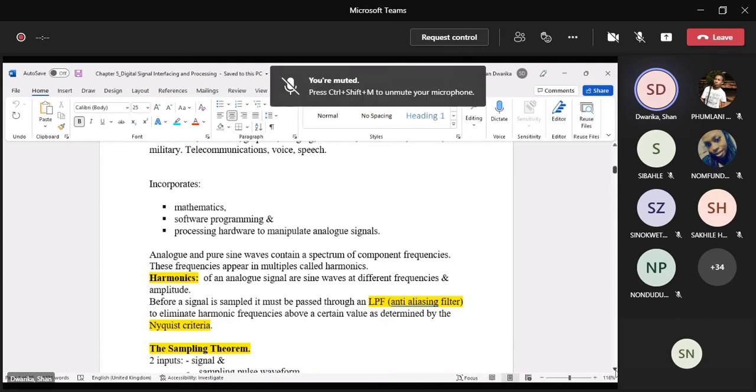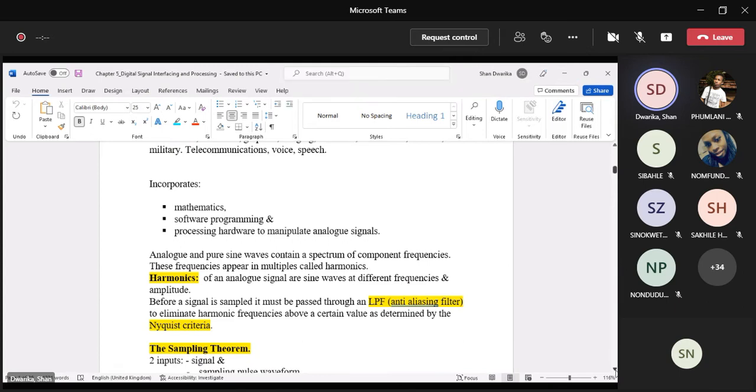Analog and pure sine waves contain a spectrum of component frequencies. What we understand about a sine wave is that it has the principal frequency and a spectrum of component frequencies. These frequencies appear in multiples called harmonics. So harmonics of an analog signal are sine waves at different frequencies and amplitudes.